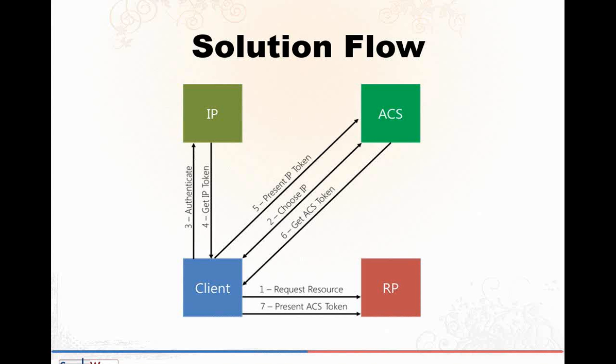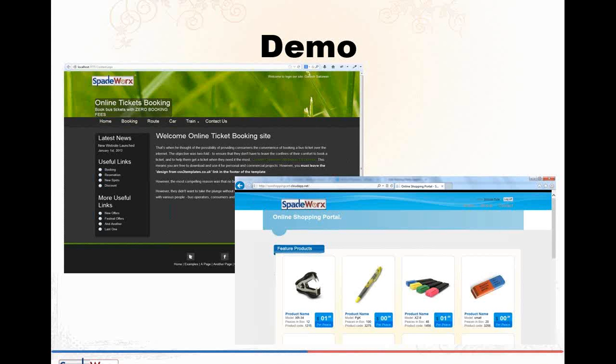After validating the token returned by the identity provider, ACS will redirect the client to the relying party application, which is nothing but our application. So this is how the overall flow works. Now let us see a quick demo.